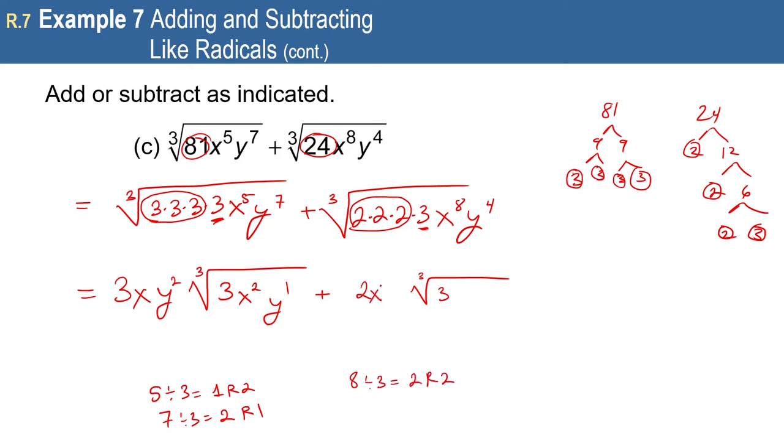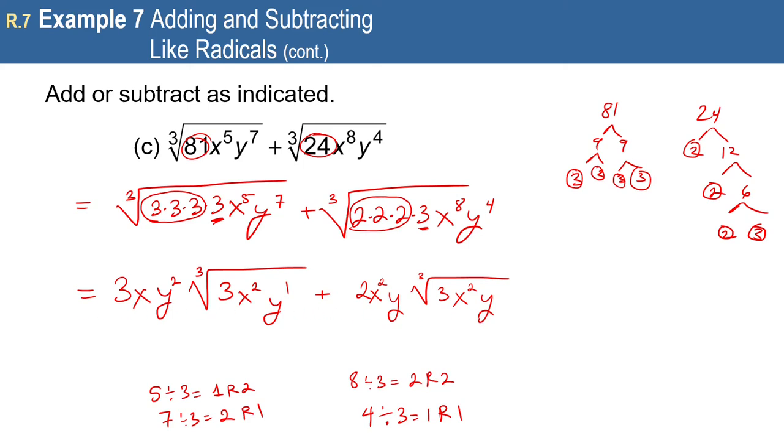I have an x squared on the outside with a remainder of 2 on the inside. 4 divided by 3 is 1, remainder 1. Again, we're looking for groups of 3 for y to the 4th. I only have one group of 3 with a remainder of 1.